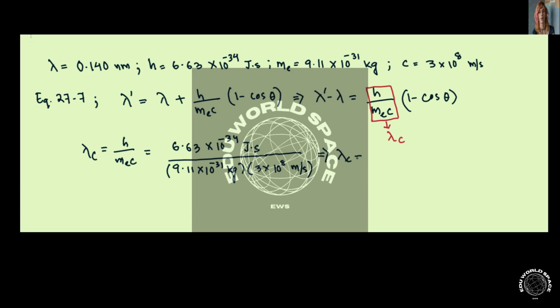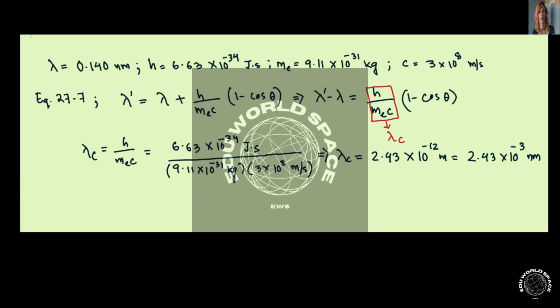And solving this, we get lambda c to be 2.43 times 10 to the power minus 12 meter, or 2.43 times 10 to the power minus 3 nanometer.